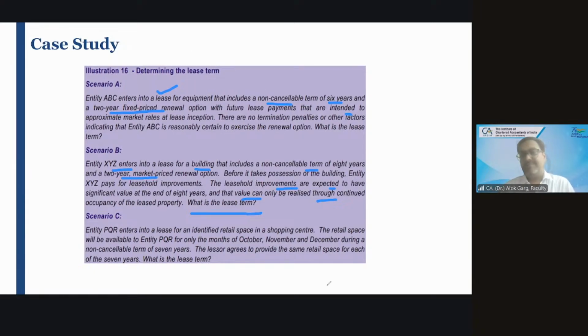Scenario number C. Entity PQR enters into a lease for an identified retail space in a shopping center.